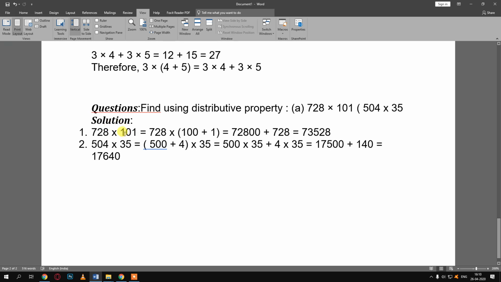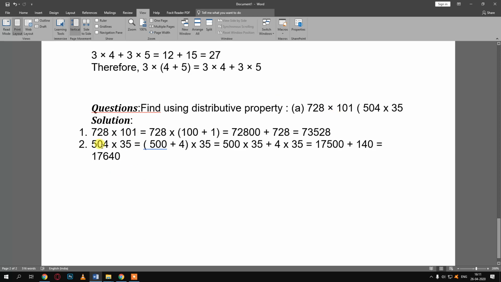We can break this 101 into two parts like 100 plus 1, and we will keep it inside the bracket. Now we will use the distributive property and multiply 728 with each addend. That means 728 into 100 we will do and then 728 into 1 we will do. And whatever results we get, we will add those results to get the answer 73,528.